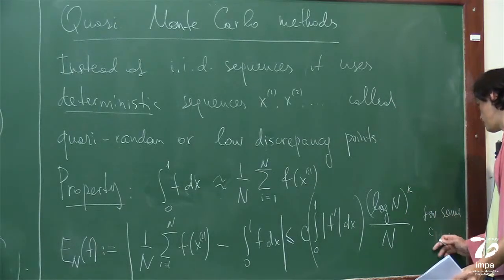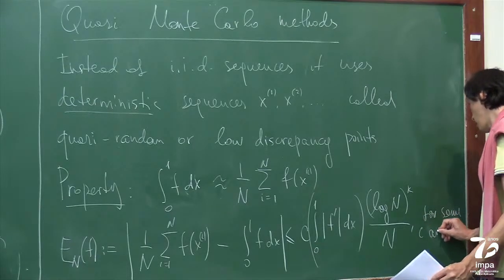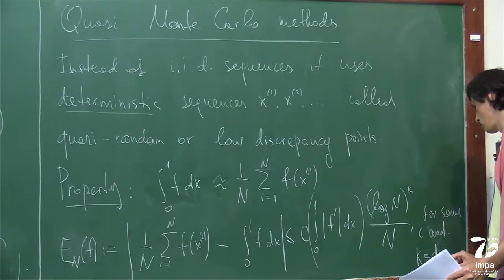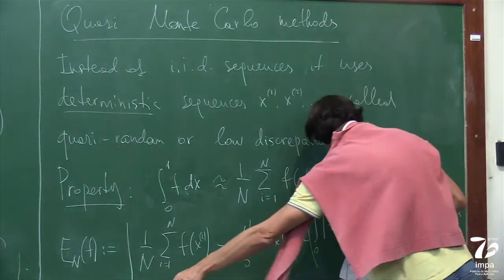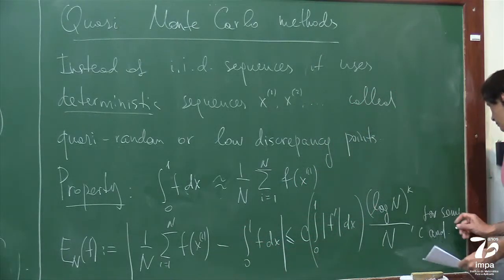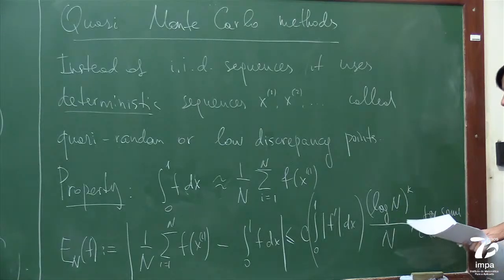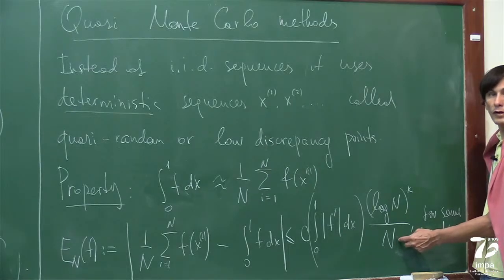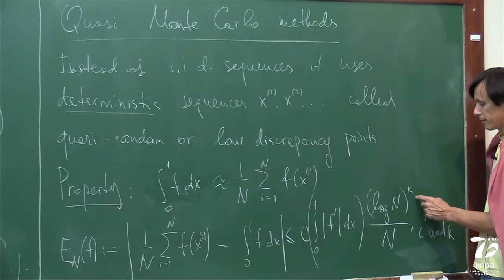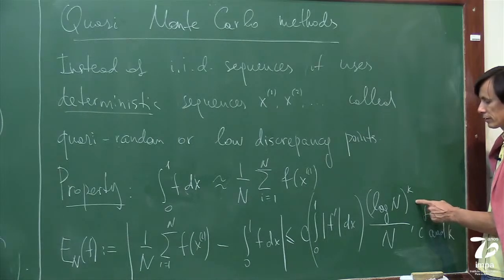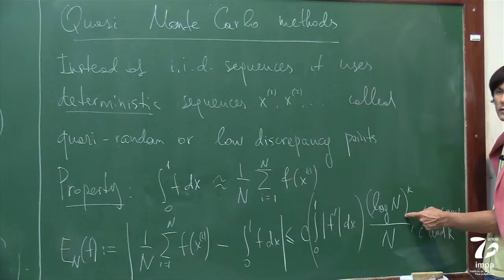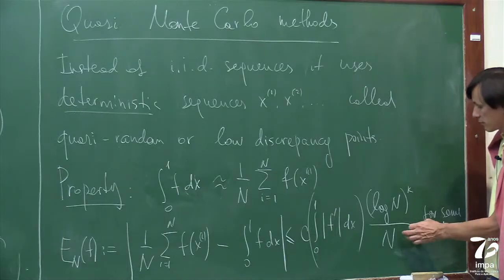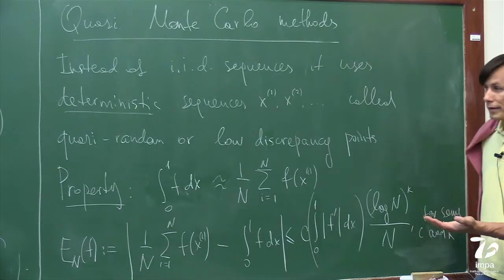Usually you can achieve this for some c, and the typical k is the dimension. So you already see that this is better than Monte Carlo because it's essentially order n, a first order method. There is this bad logarithmic correction, but for large n the logarithm doesn't matter that much. So essentially the denominator is important. For large n, this is better than square root of n. That's good.